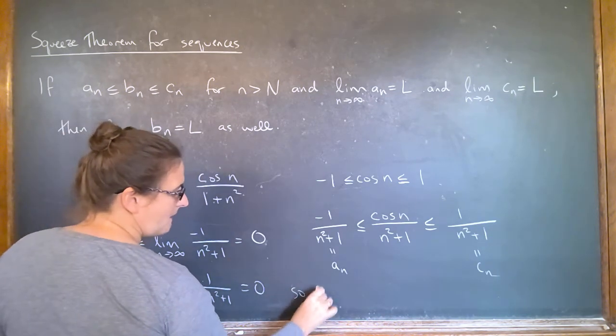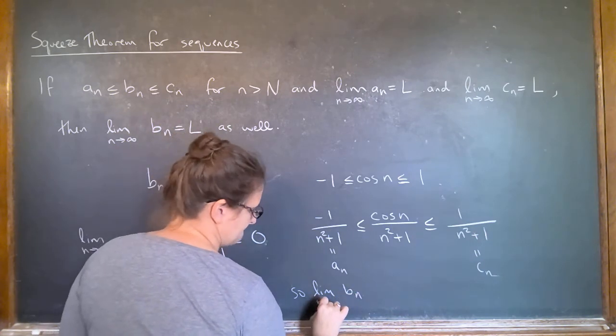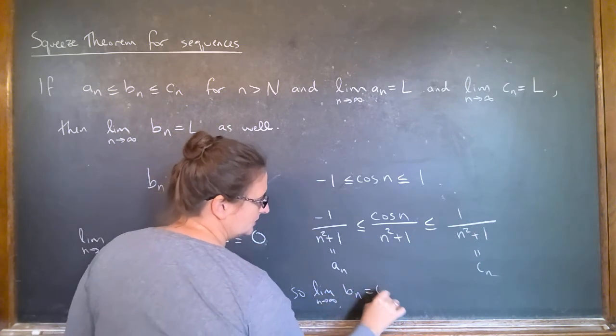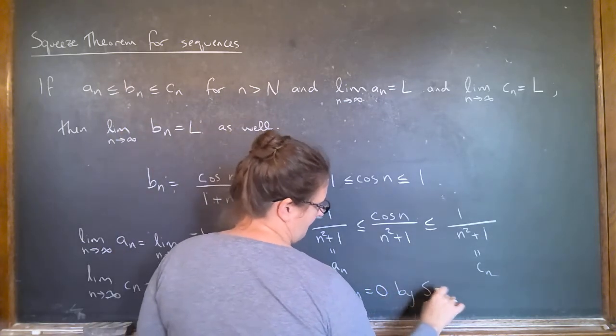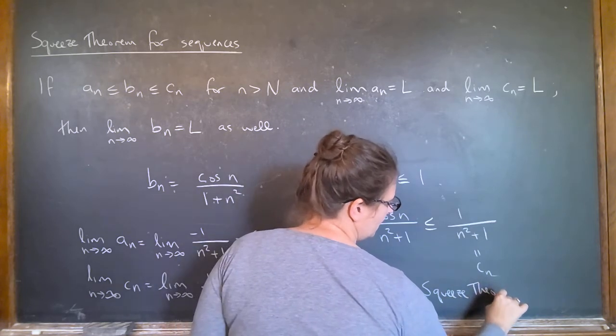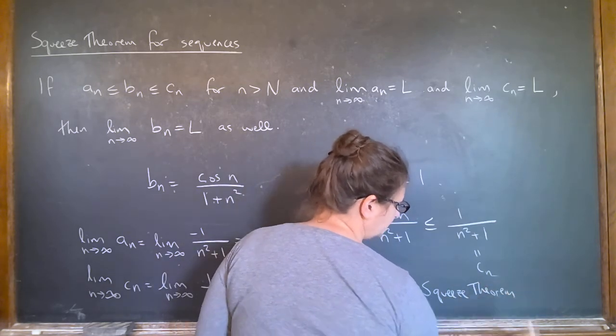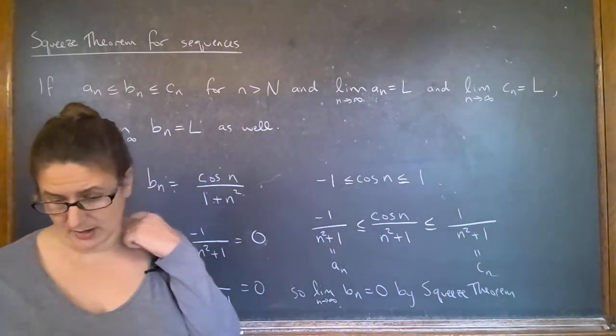So the limit of bn is equal to 0. So bn is that guy in the middle, by the squeeze theorem. We don't have to use this very often, but every now and again, it's kind of nice to have that in your toolbox.